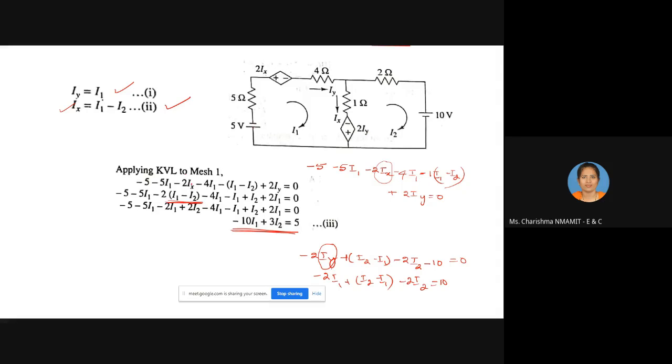For Ix, you substitute it with I1 minus I2, because Ix in terms of mesh current is I1 minus I2. Simplify it. The first equation is minus 10 I1 plus 3 I2 equal to 5.